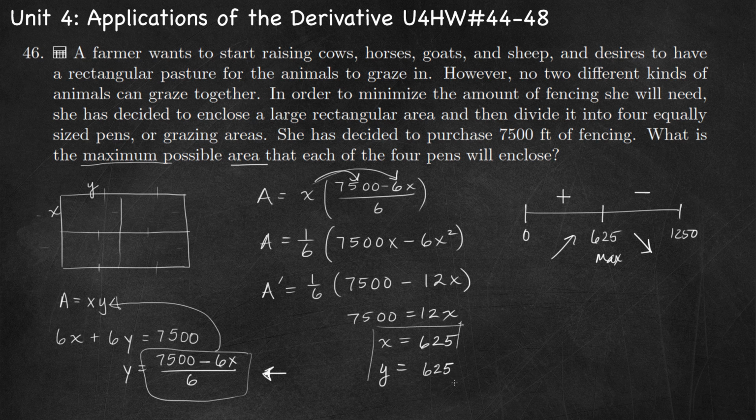So this will be the dimensions of the pen that maximizes the area, and the area is x times y, or in this case 390,625, and the units there would be feet squared.